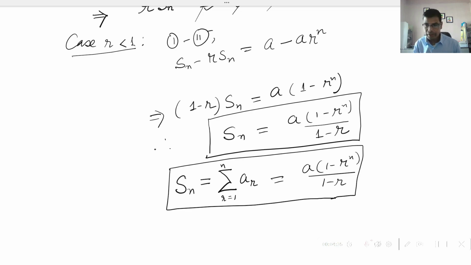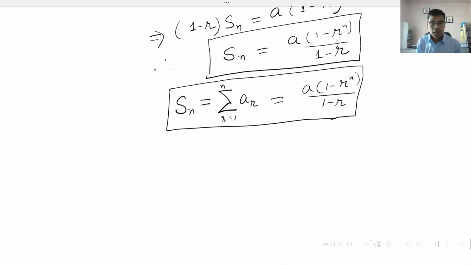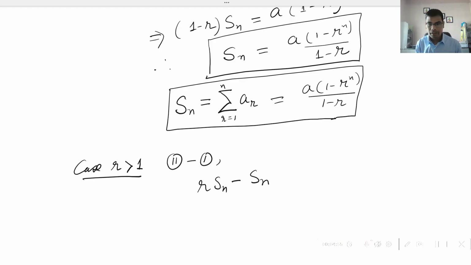Then the second case: if your r, that is the common ratio, is greater than 1, the same way we subtract in the reverse. So equation 2 minus equation 1, then you have r Sn minus Sn.